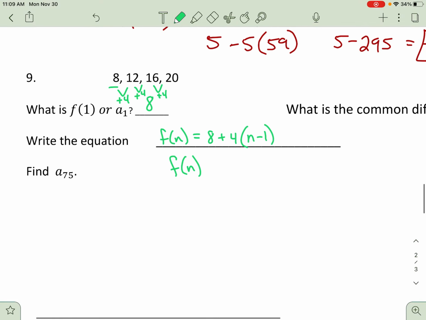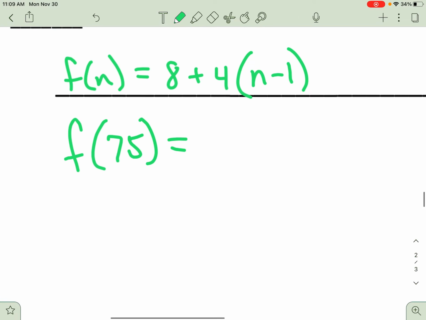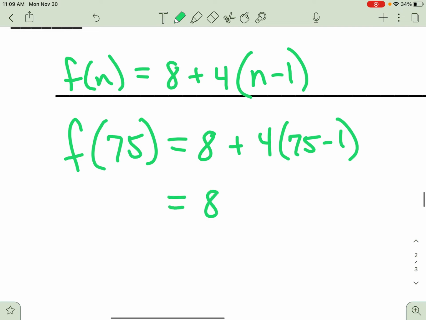Okay, so the value of the function at 75 is 8 plus 4 times 75 minus 1, which is 8 plus 4 times 74.